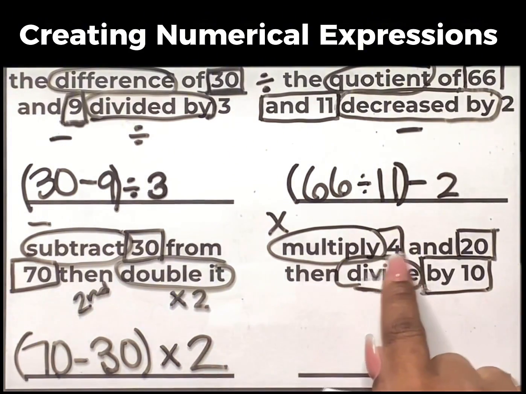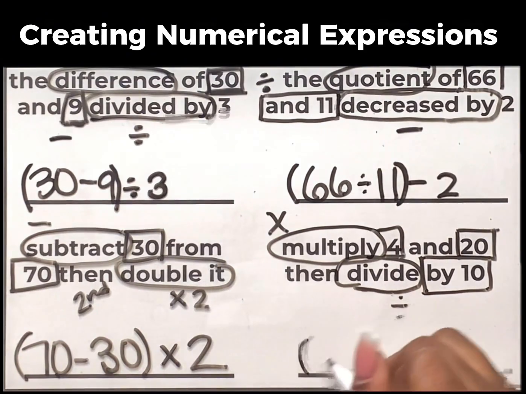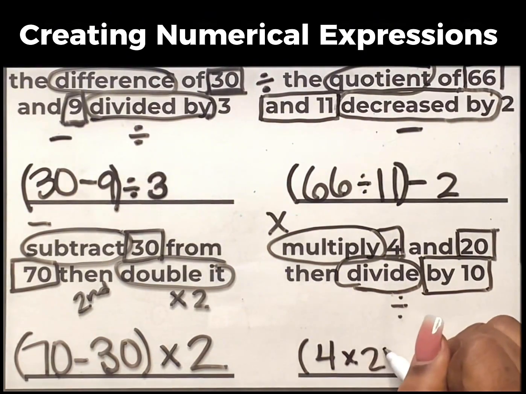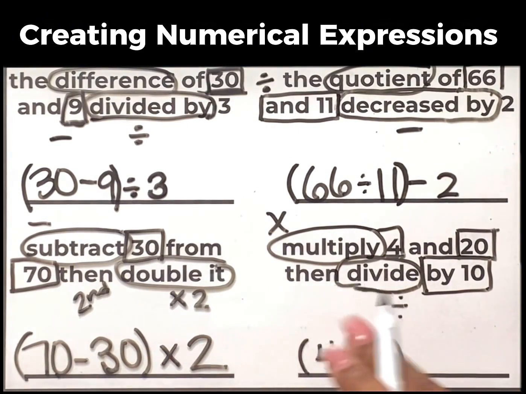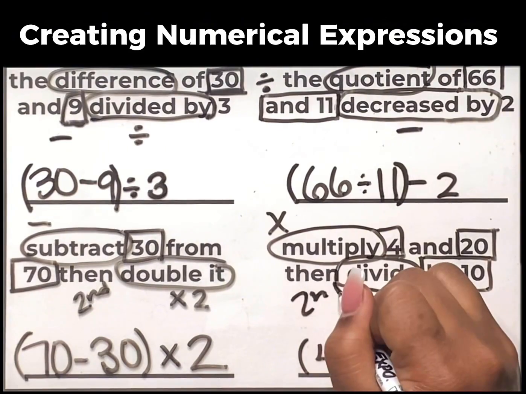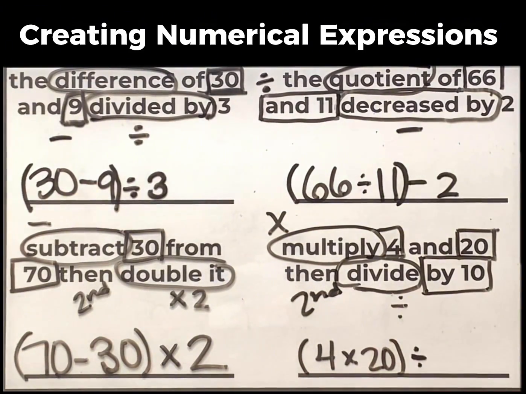I have a square around 4 and 20 because I'm going to multiply those, right? And do that first. Then what's next? What's the second thing in my numerical expression? Hopefully you said divide by 10.